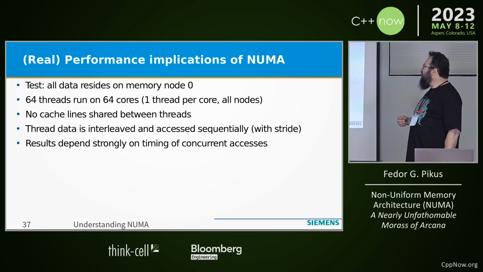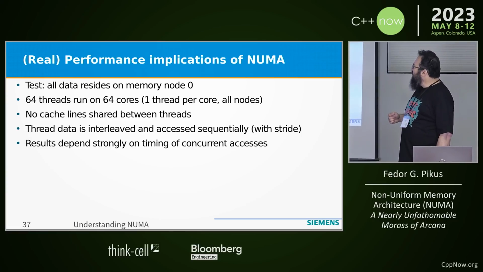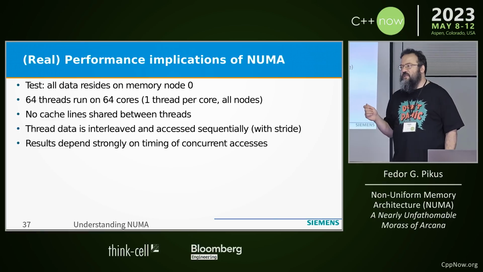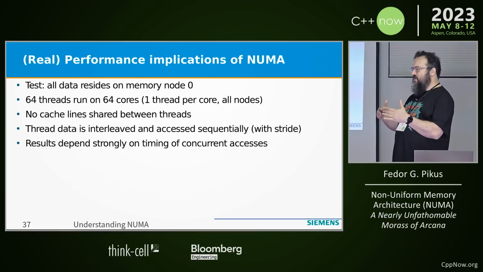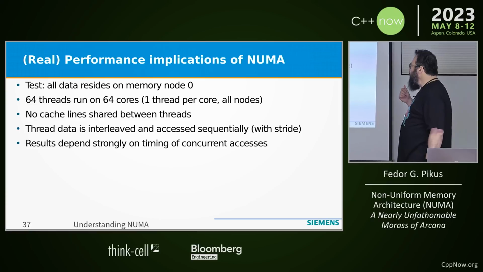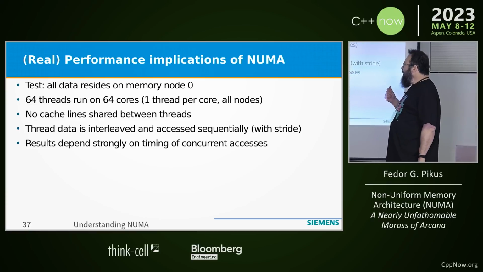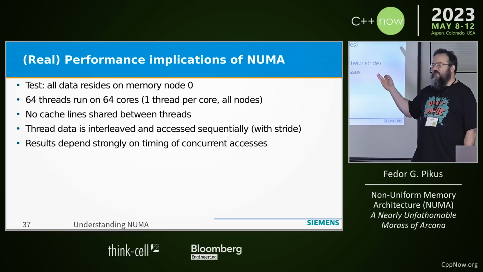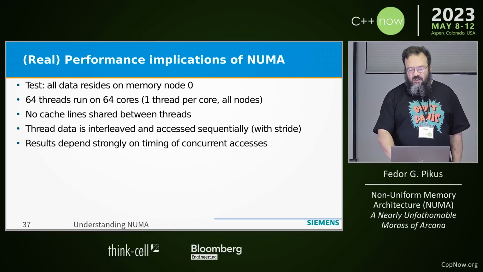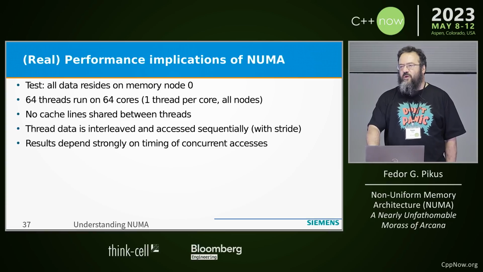The performance strongly depends on timing of concurrent accesses, and by concurrent I mean concurrent accesses to the same page now. So if a large fraction of accesses hits the same page often, you're going to get a significant penalty, on the order of 20 to 100x.